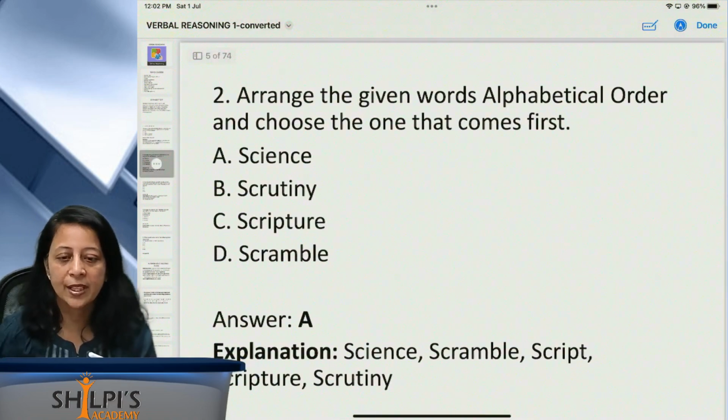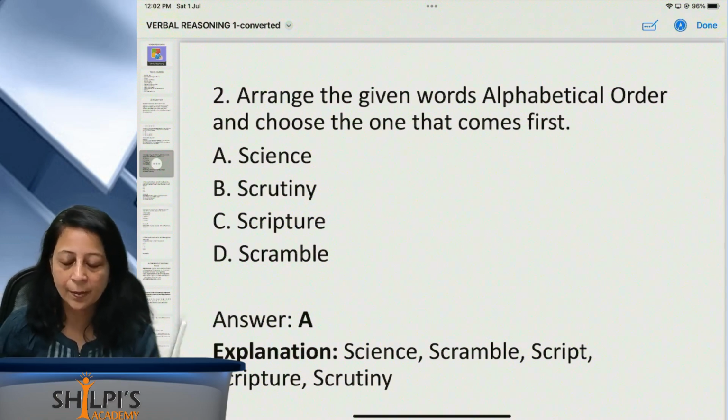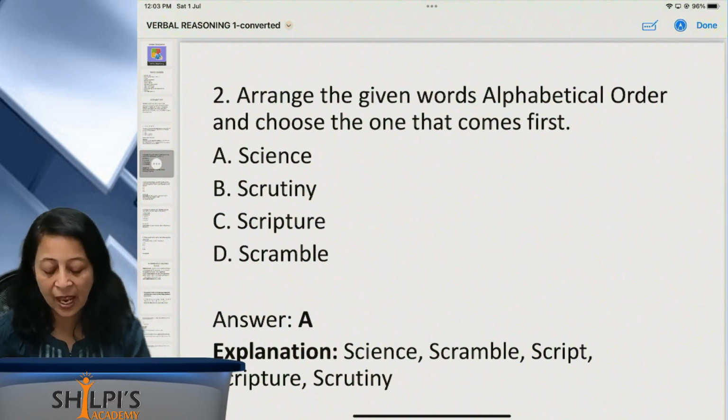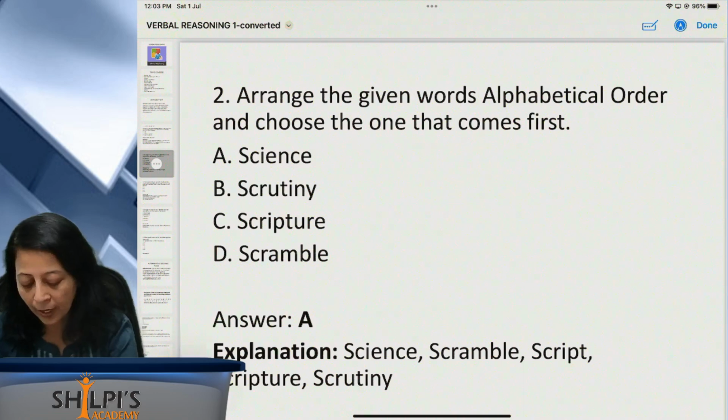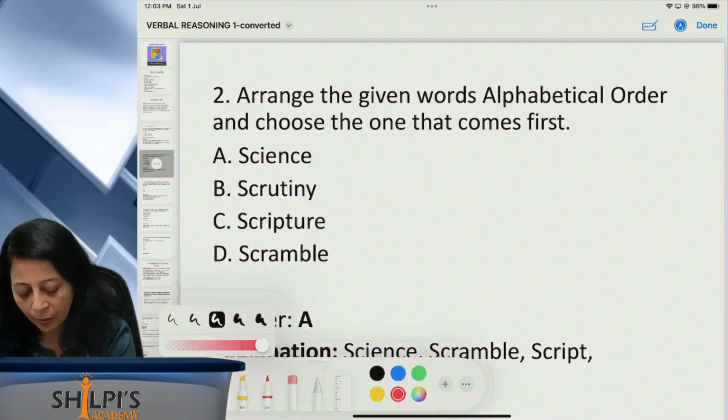Next type of question: arrange the given words in alphabetical order and choose the one that comes first.